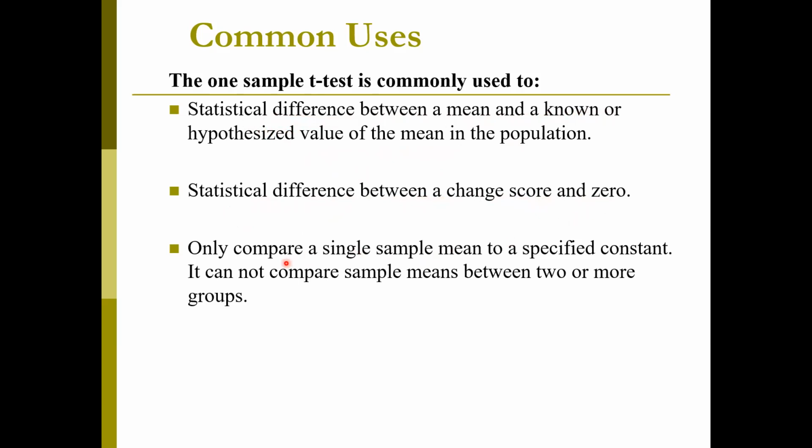Or you can also use it to compare a single sample mean to a specific constant. For example, the average age of students in a particular class can be maybe 24. So that is a standard. We compare the sample mean to that specific constant mean.